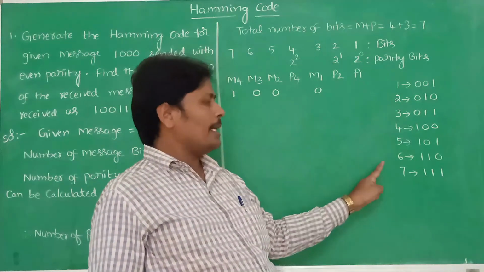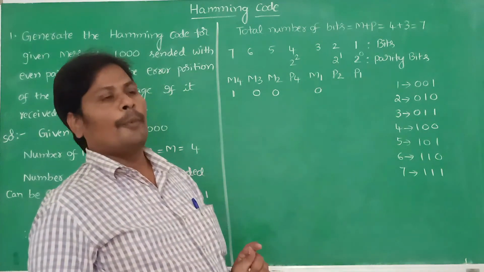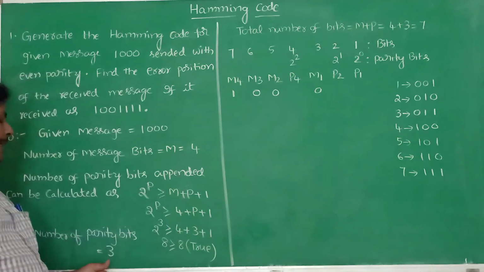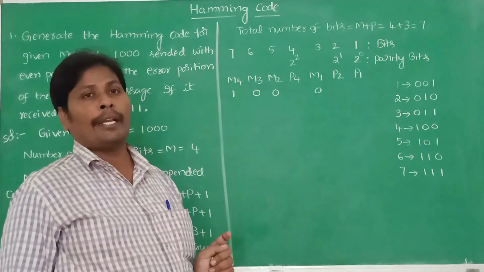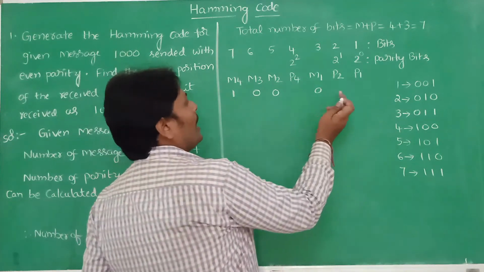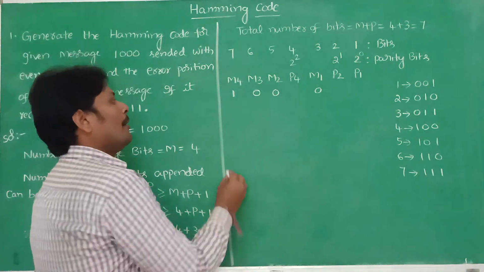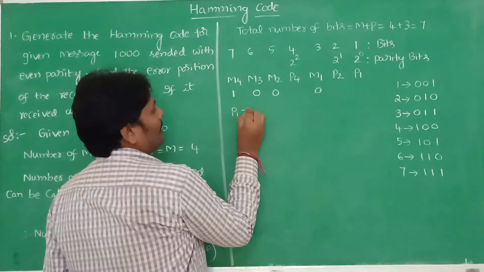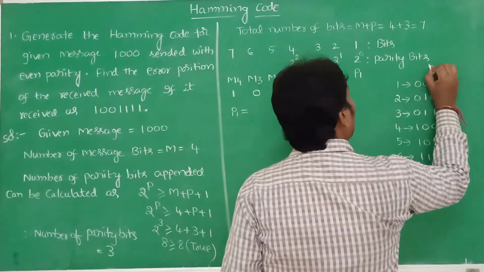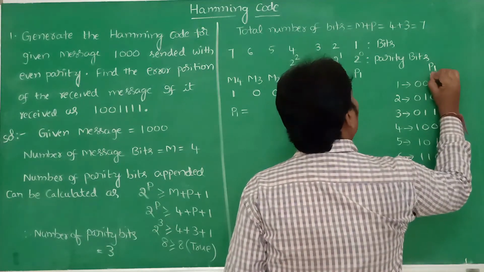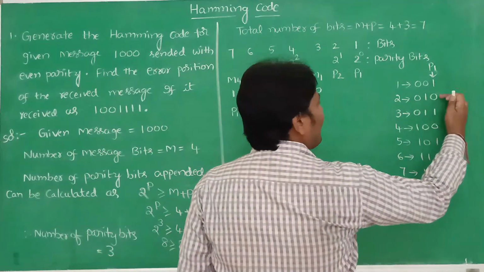So for these 7 positions we have to write in 3-bit binary form, because the number of parity bits is 3. Next, we have to calculate the P1, P2 and P4 values. First, we have to calculate P1. To calculate the P1 value, we have to consider the first column, where the ones are present.